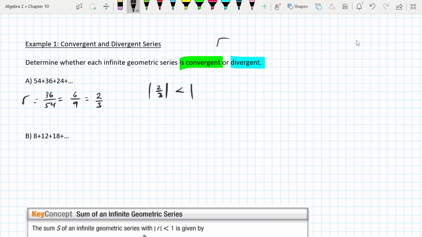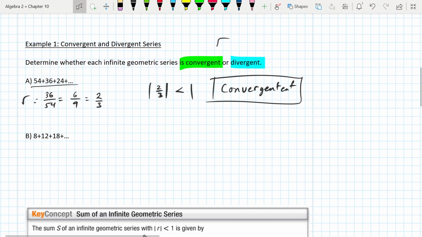So this would tell me convergent. If you were to add together that infinite series right there, you would come to a single value. Let's try the next one.